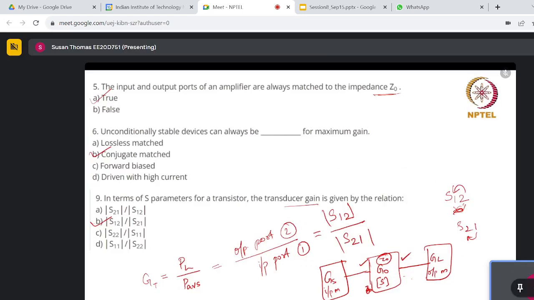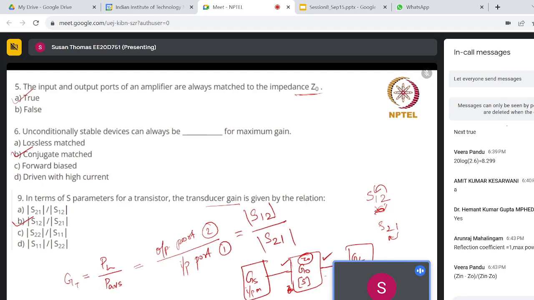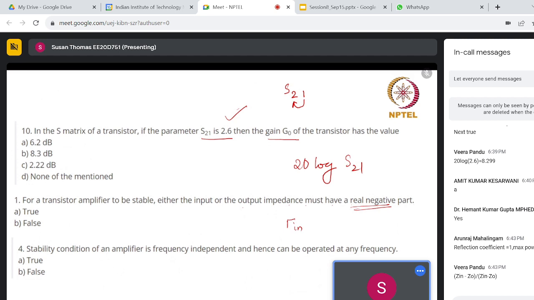So I have a chat answer: reflection coefficient is 1, maximum power transfer to the load. Okay, I have a comment here. When reflection coefficient is 1, then you have the maximum reflections.